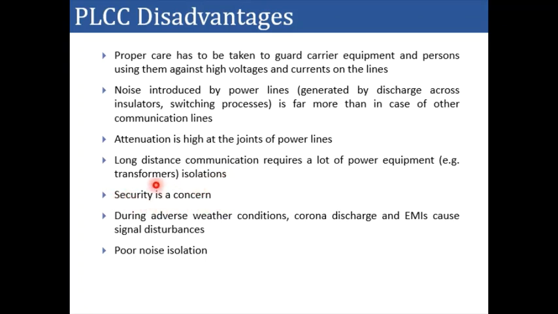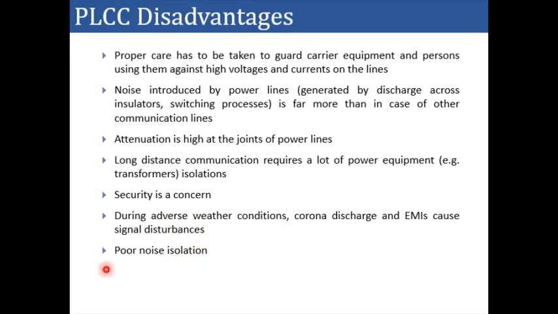Security is also a concern because the data travels over the transmission line and being an open data communication channel, the security will be a big concern. During adverse weather conditions, the corona discharge and electromagnetic interference will also cause the signal disturbances, and because of that, it is not preferred for long distance data communication.